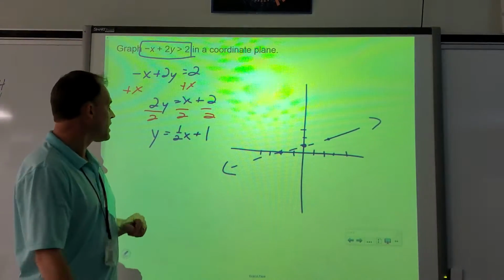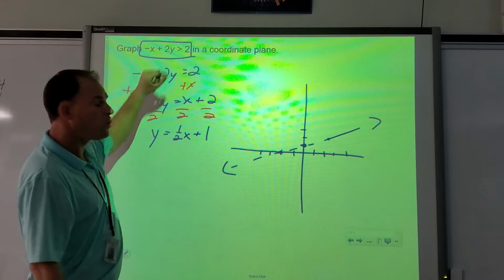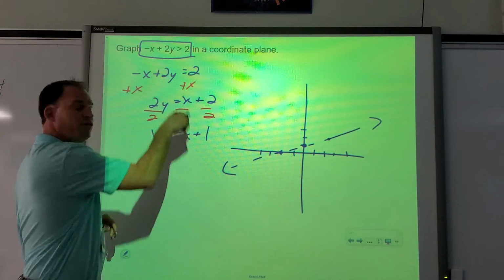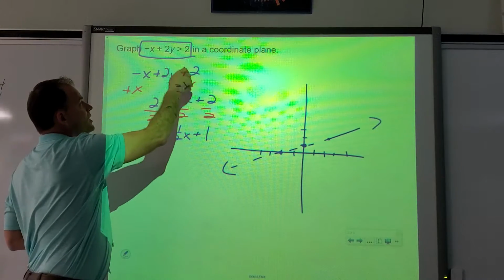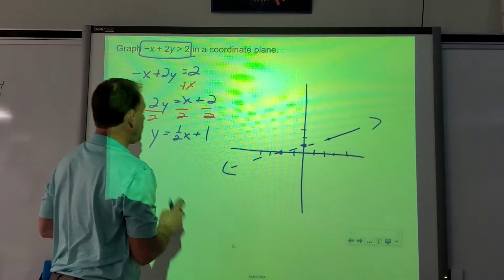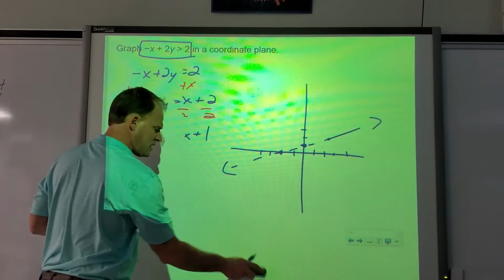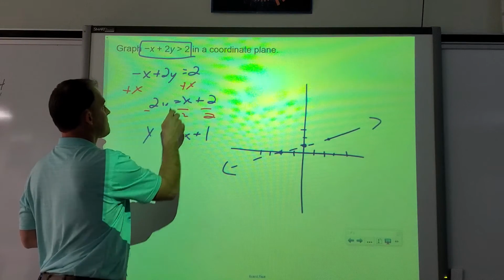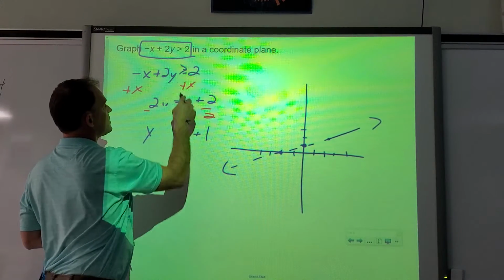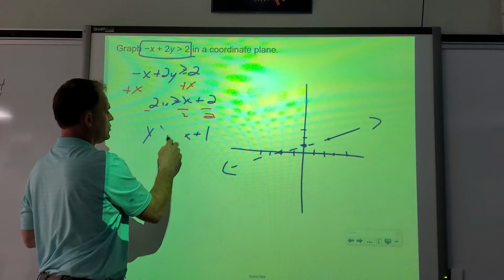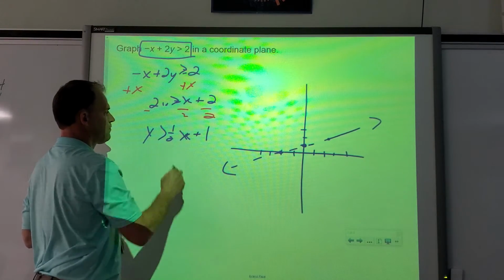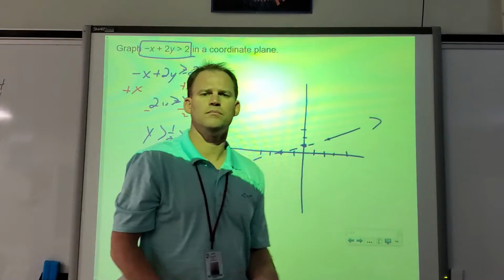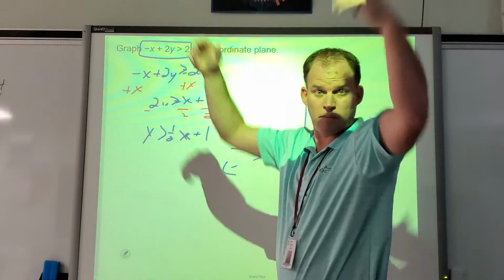Okay. When you do this work, if you're going to do this, keep the inequality in the problem, and I'll show you why. Everything's too big. So it was a greater than sign. We divided by 2, it's still a greater than sign. Which side of the line was shaded originally? Up above.